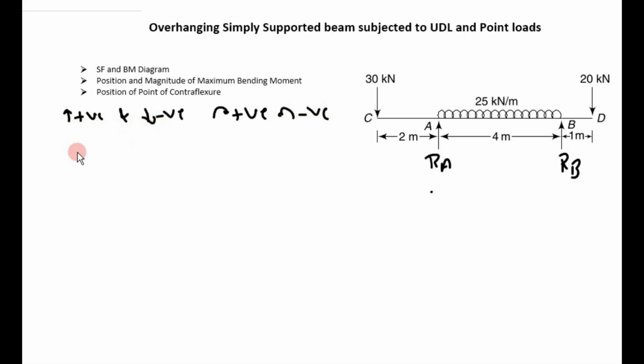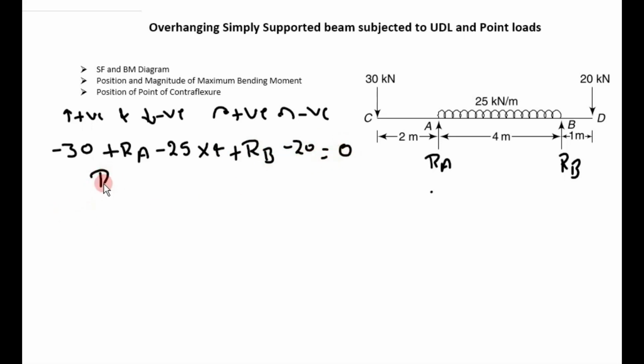The vertical forces are: 30 kilonewton acting downward, so it is negative; then RA acting upward; then the 25 kilonewton per meter UDL acting on 4 meter; RB acting vertically upward and 20 kilonewton acting vertically downward. The sum of all these forces should be 0. So from this RA plus RB comes out as 150. This is equation number 1.